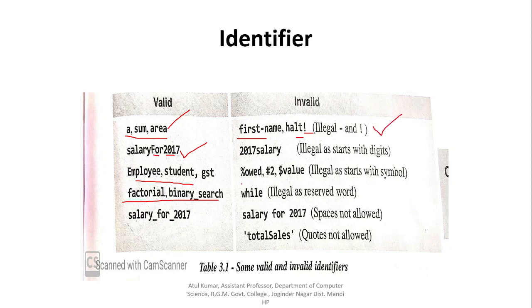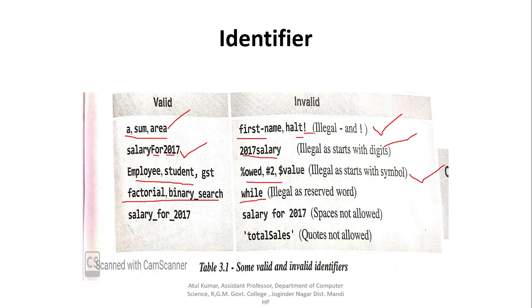This one is an invalid identifier. Similarly, the second kind of invalid identifier starts with a digit, and we can't start with a digit. In the third invalid identifier, we can't start with any special symbol except underscore. The fourth example is "while".